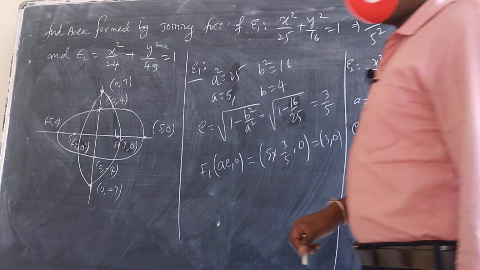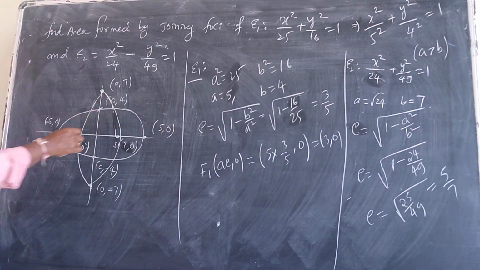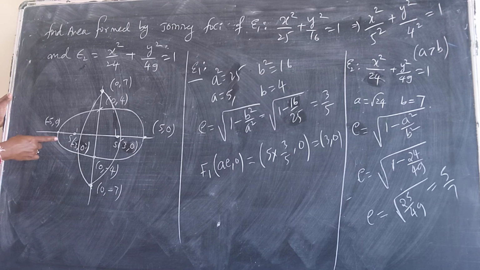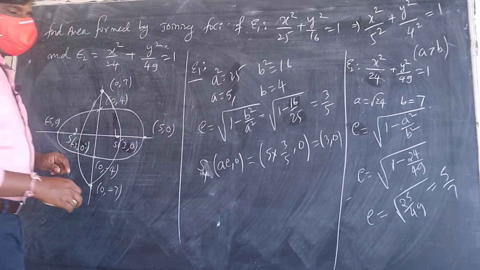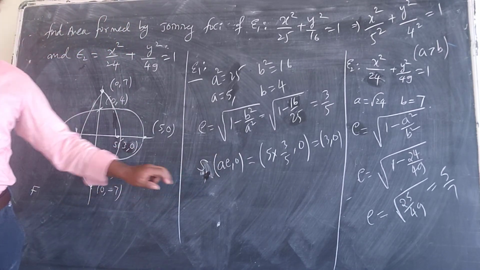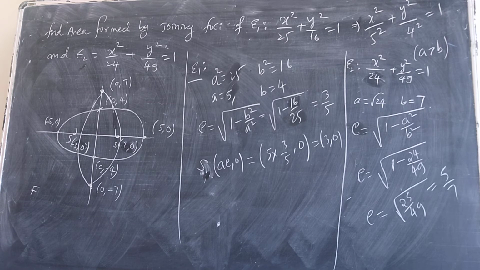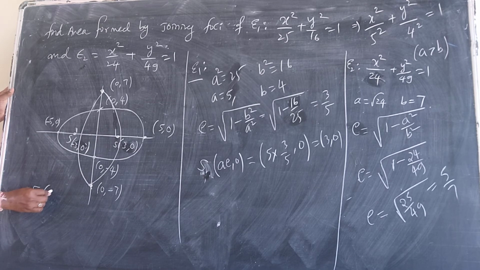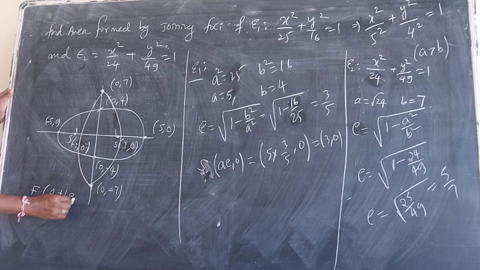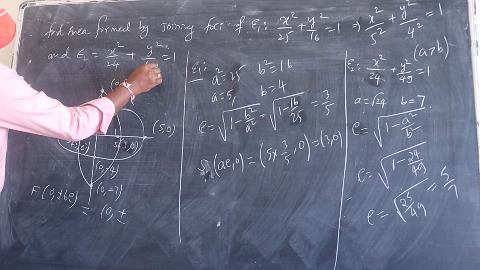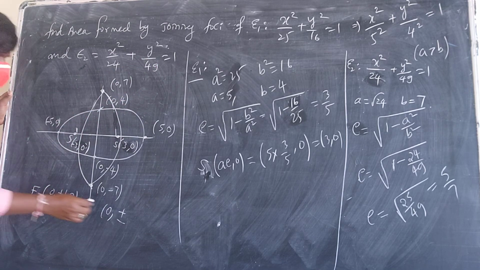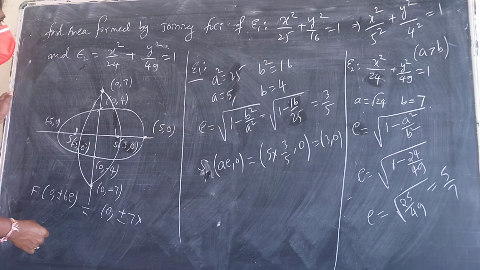If this is 5 by 7, what will be the focus? Focus for the second one. See, for the first one I took S dash, and for this I will take F. The focus of the first ellipse I am taking as S, and the second as F. F will be what? 0 comma plus or minus B. So 0 comma plus or minus, what is B here? 7. 7 into E is how much? 5 by 7.